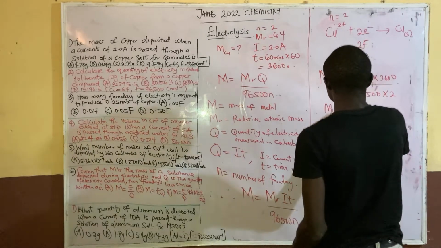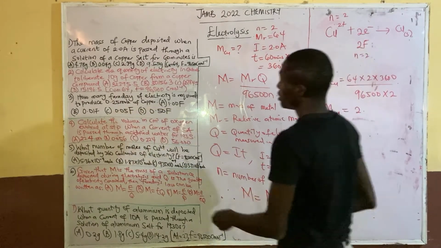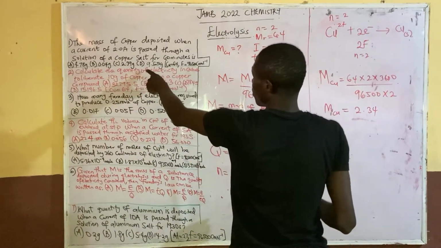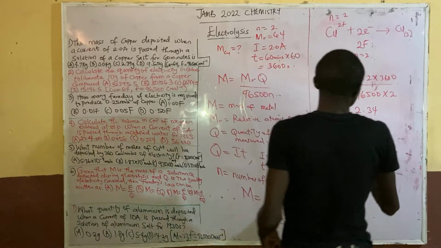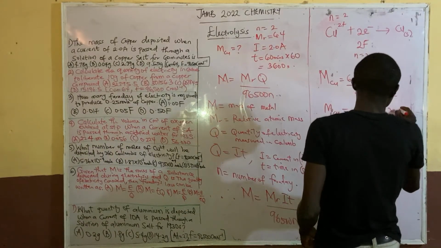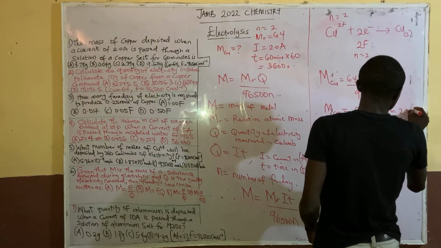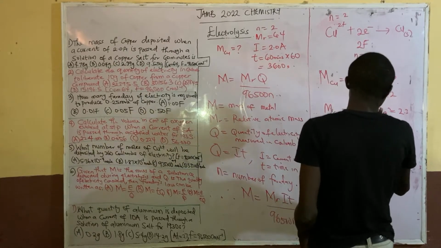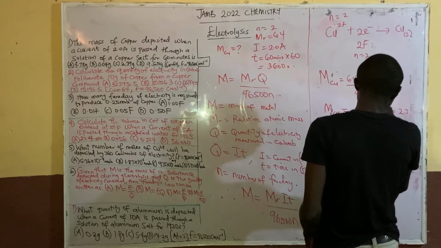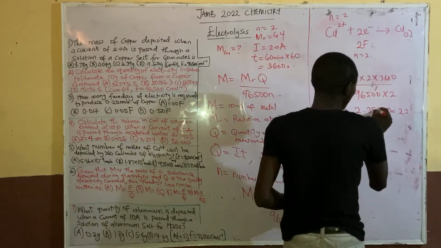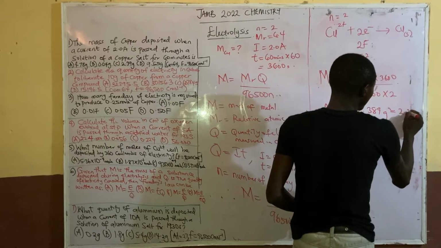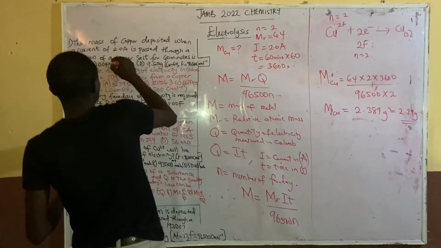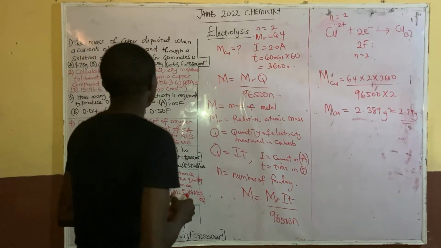So your mass of copper will be equal to 2.348 grams, which I approximate to 2.35 grams. So the answer here is option C. So that is that.